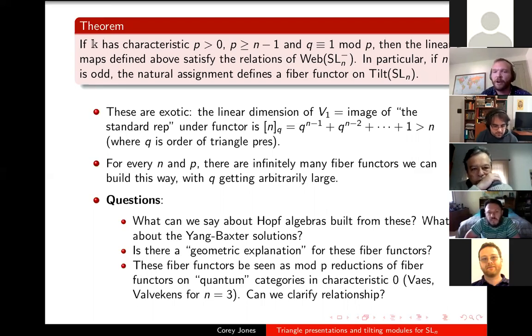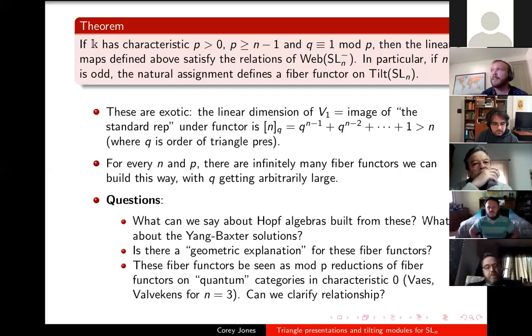The problem is it's really hard to work with actual examples that don't satisfy this condition, because once the examples get very large, concrete examples of triangle presentations are hard to come by. In fact, I don't think there's anything concretely written down as a combinatorial set for n bigger than or equal to 4, and that makes finding primes that don't satisfy this condition very tricky. But in answering your original question, does this classify all of them?